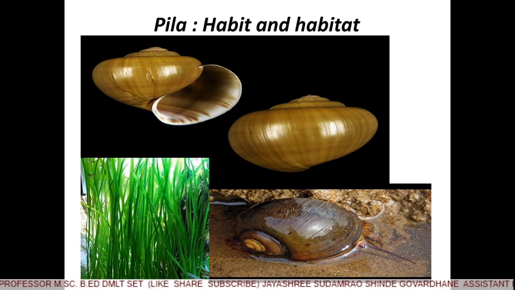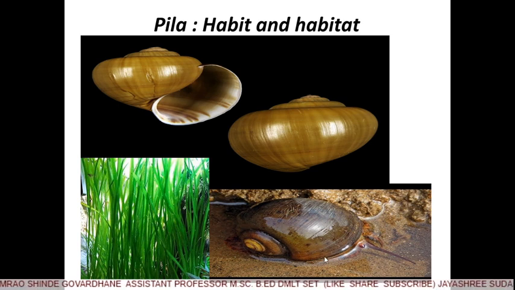Vegetation of plants like Vallisneria and Pistia forms its food. Sometimes Pila feeds on dead animal bodies also. As you can see in this picture, this green part is the vegetation of aquatic plants known as Vallisneria.